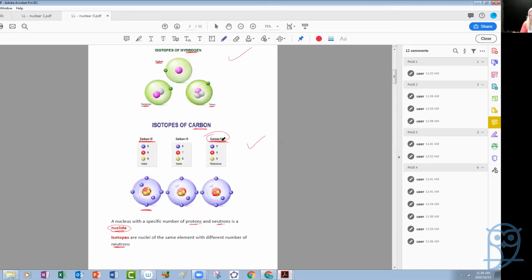But from the moment that we die, because we don't take up any more carbon from our surroundings, the ratio starts changing, because the carbon-14 decays. And by measuring the radioactivity of the sample in terms of carbon-12, we can figure out how old this sample is.